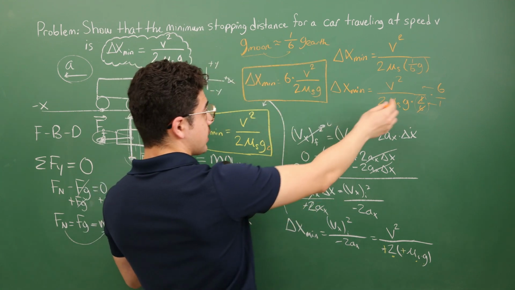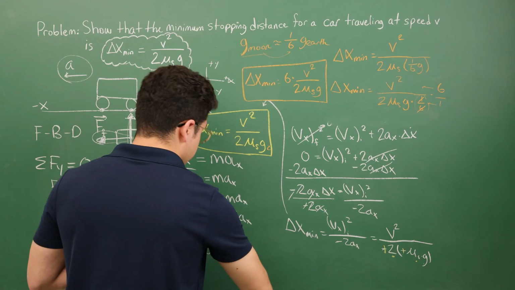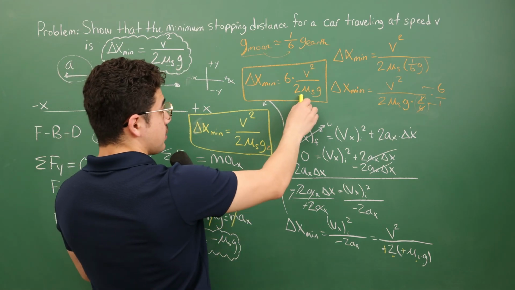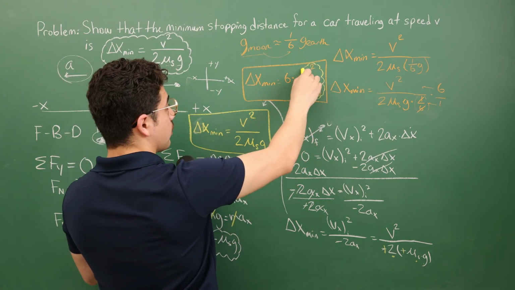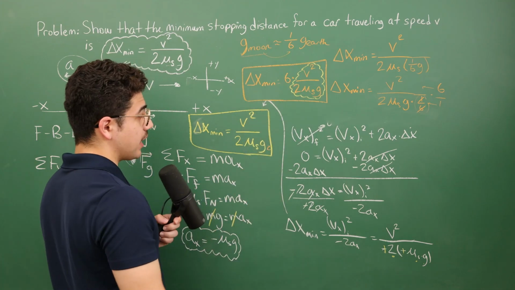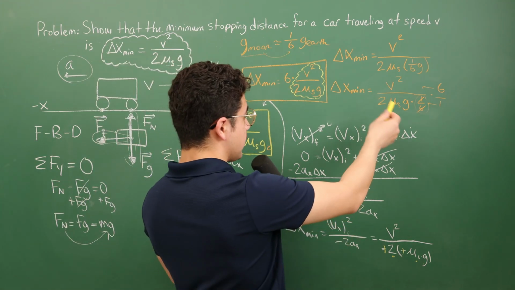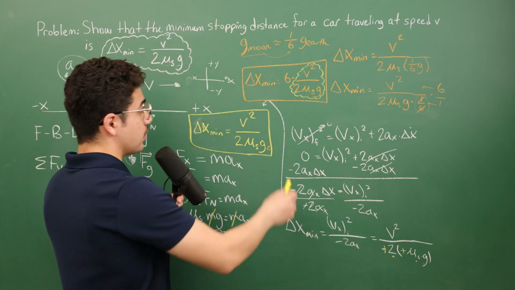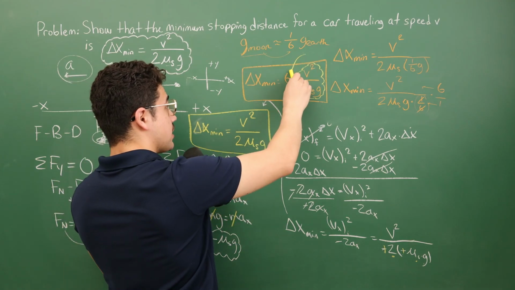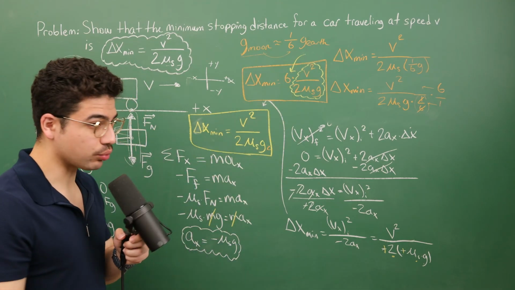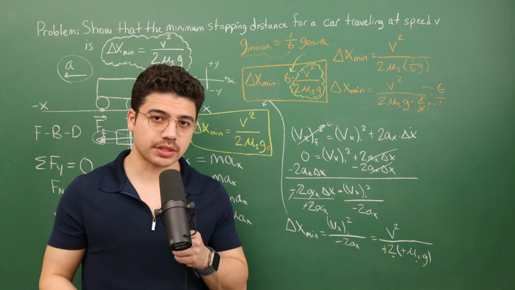So we can rewrite the 6 to be on the outside to show that this is the normal stopping distance on Earth. And now we have this factor of 6 in the numerator, which tells us that the stopping distance is 6 times greater, or increased by a factor of 6.